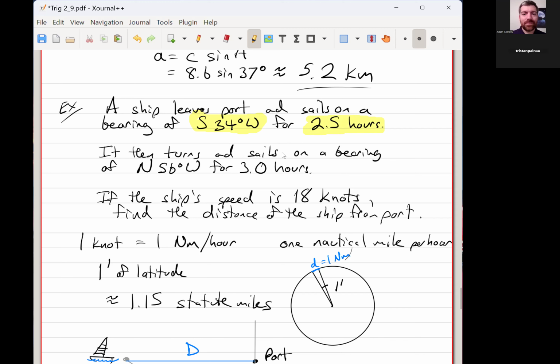It turns and sails on a bearing of north 56 degrees west for 3 hours. If the ship's speed is 18 knots, find the distance of the ship from port.